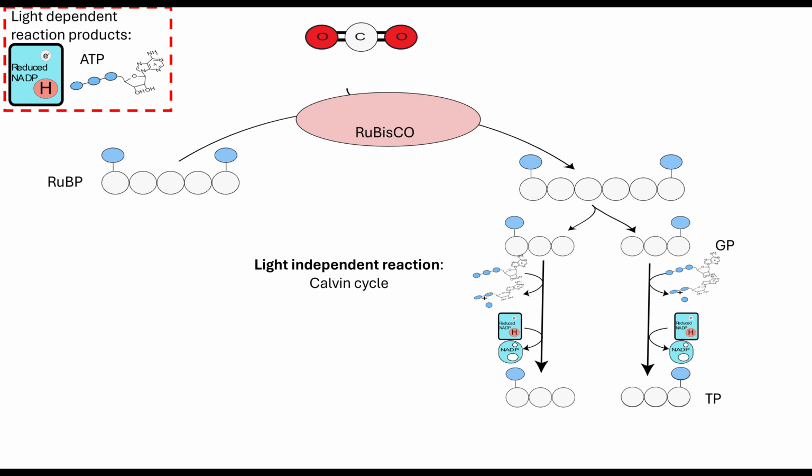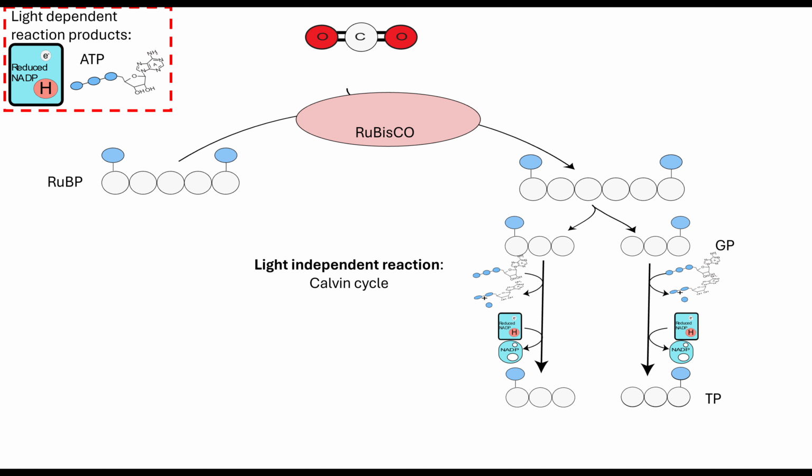So we're converting our GP into a TP molecule by using the products that came from the light dependent reaction. So if, for example, there is no light, that would result in us not being able to convert our GP into TP. Well, now we have our triose phosphate.